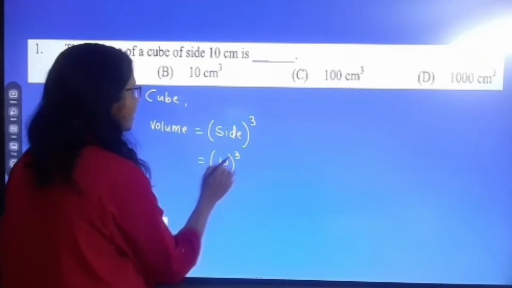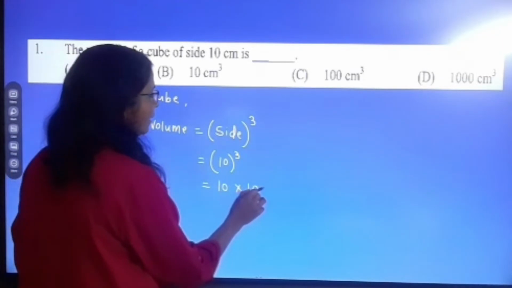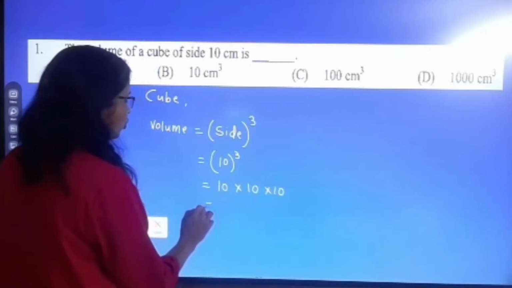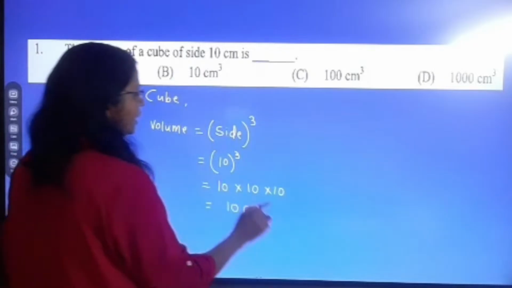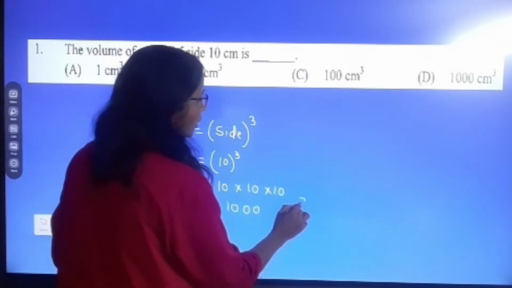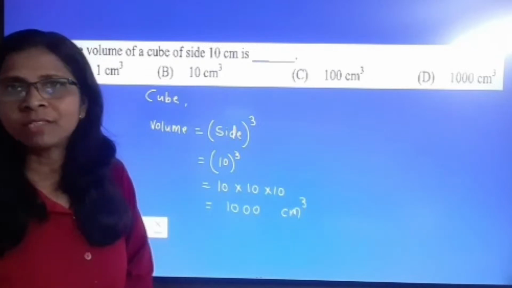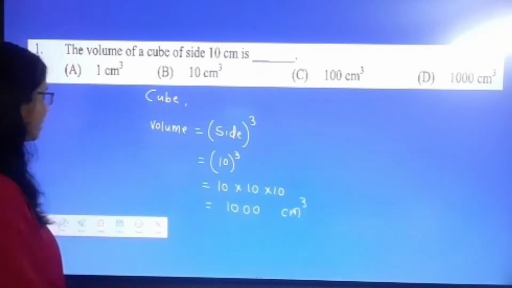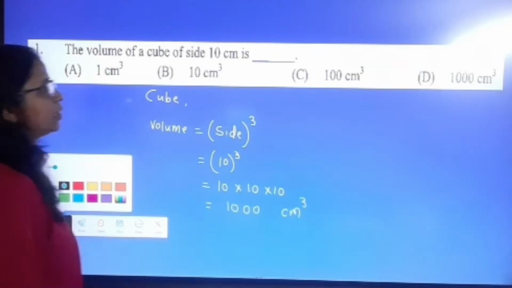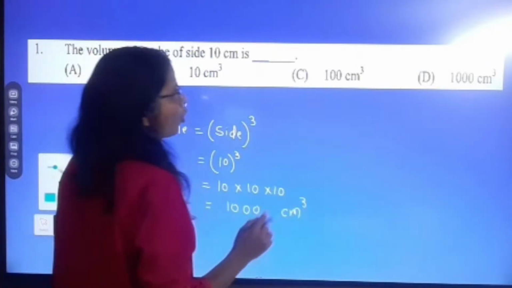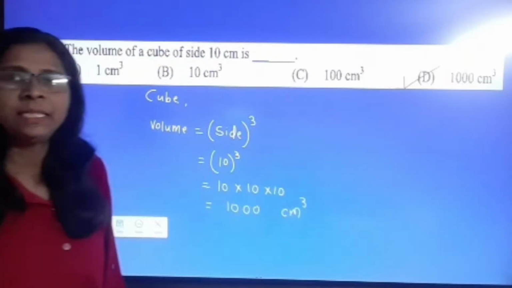So the cube of 10 means 10 multiply 10 multiply 10, which is 1000, and the unit is centimeter. So the unit of volume will be cubic centimeter, and that's why the final answer is 1000 cubic centimeter. So here students the correct option is D, 1000 cubic centimeter.